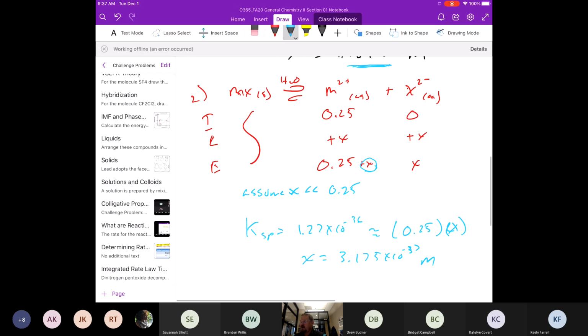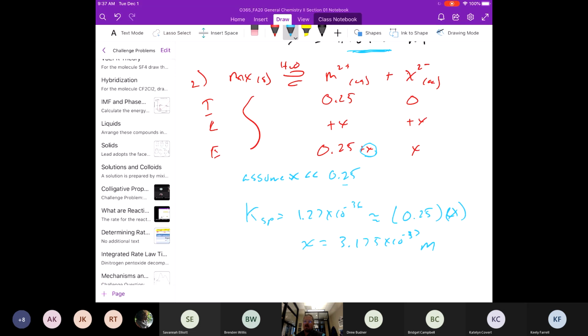If we wanted to check this, we could, but I'm not even going to bother because it's 36 orders of magnitude difference. That's going to be like 30 zeros in front of the number as far as a percent goes, so that's going to be really small.